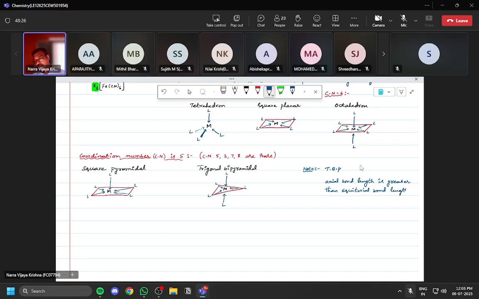Double bonds, lone pair electrons, multiple bonded atoms and lone pair electrons, and more electronegative elements prefer the equatorial position. We call this rule Bent's rule.